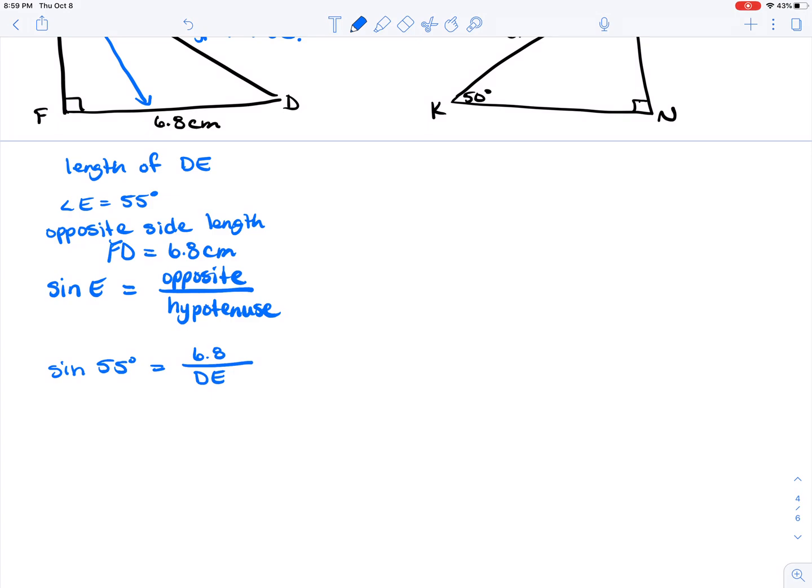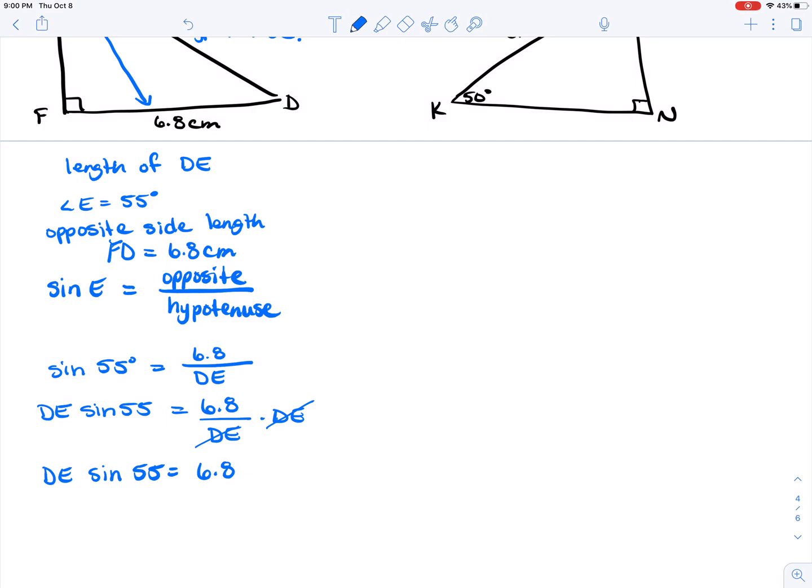I know that DE times sine of 55 degrees equals 6.8. How do I know that? I multiply both sides by DE. And I know that that can cancel out. So then DE sine 55 equals 6.8.